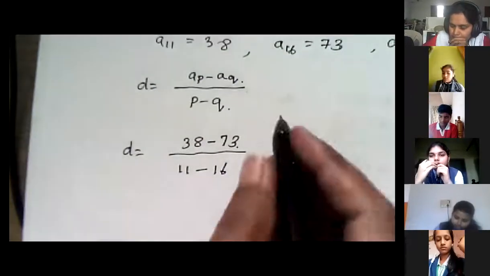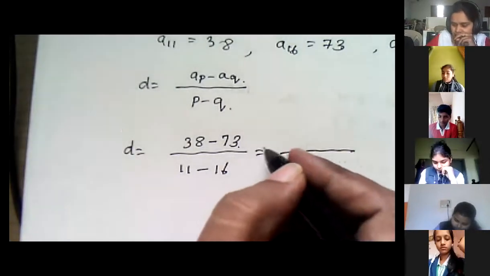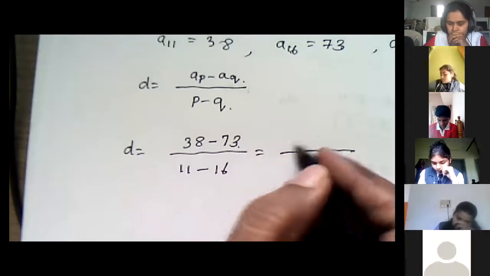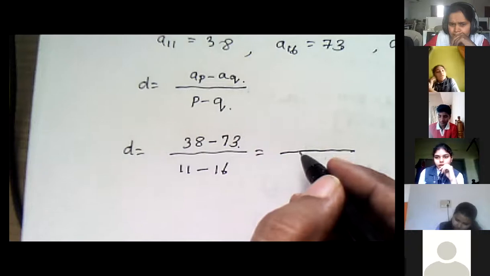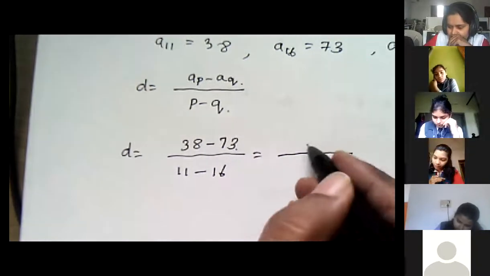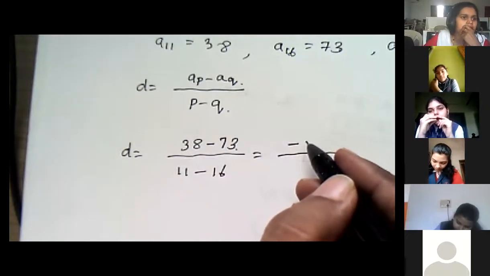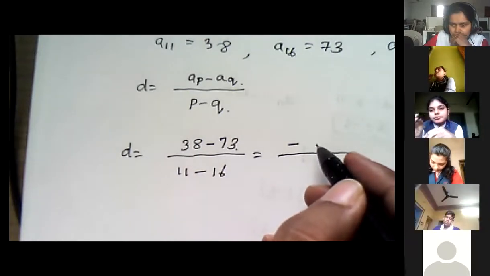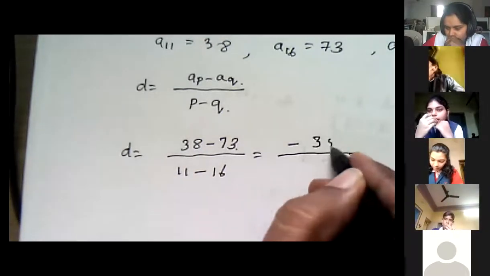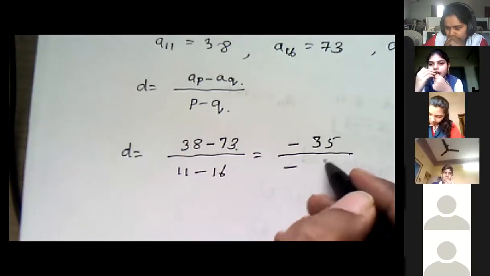Good. 73 minus 38 is 35. Minus 35 divided by minus 5.